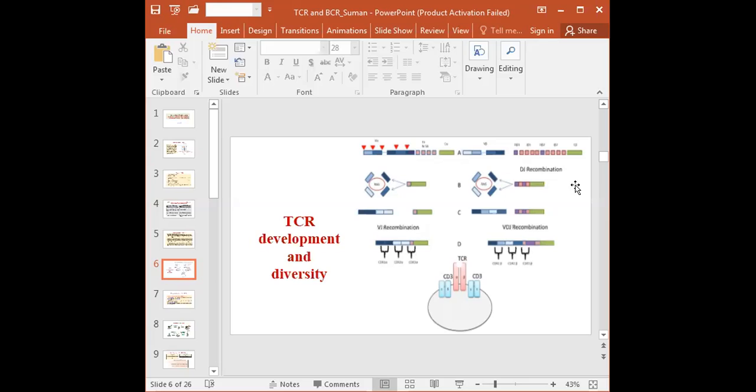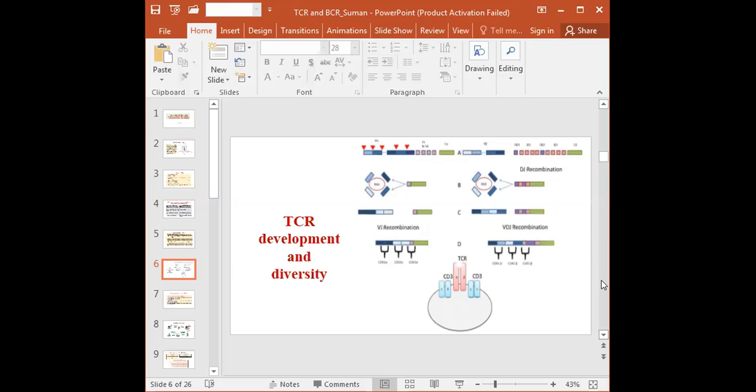First, the beta chain gene undergoes D beta to J beta rearrangement before V beta to DJ beta recombination in the double negative cells of the thymus, and rearrangement of the alpha chain takes place in double positive thymocytes. Then RAG1 and RAG2 bind to and introduce double strand breaks at recombination signal sequences, which flank all TCR gene segments, and the DNA repair machinery completes the recombination reaction.